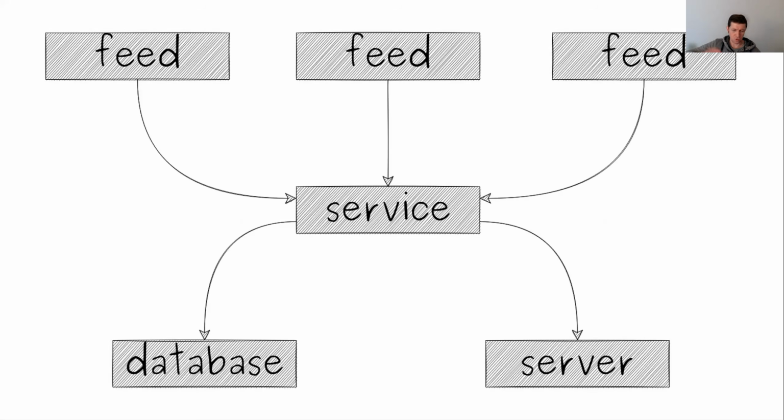You have a bunch of matches like soccer, basketball, tennis, and so on, and they're taking place, and we connect to various third-party providers, and we accept streams of events describing different changes happening to those matches.